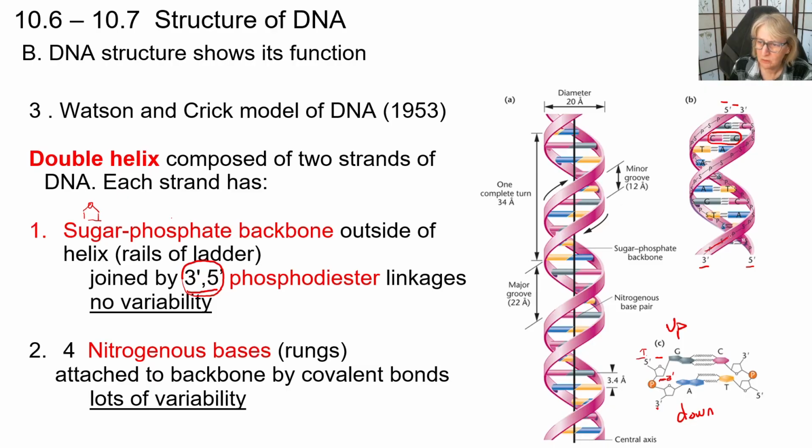This one, all the way here, is running from 3 to 5. And this one, if I trace it in the same way, you have to play the song too, is running from 5 to 3. It gives me directionality of my molecule.